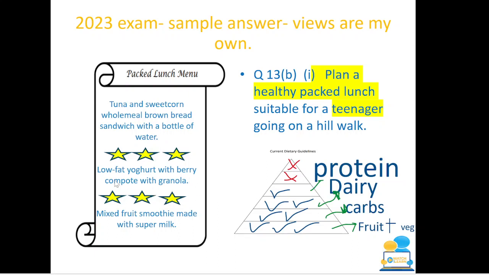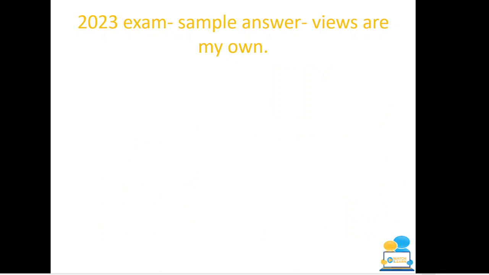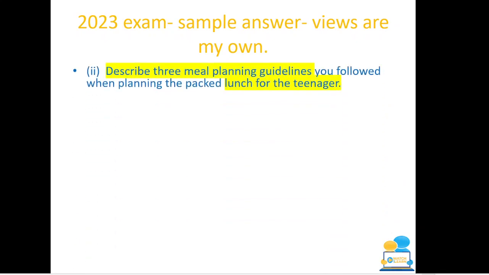My dairy, I have low-fat yogurt and I have super milk. Protein, I'm getting that from my tuna. I don't have fats and oils, and I don't have highly processed, sugary, sweety foods. Okay, so you could draw out something like that beside your answer just to guide you when you are doing this.